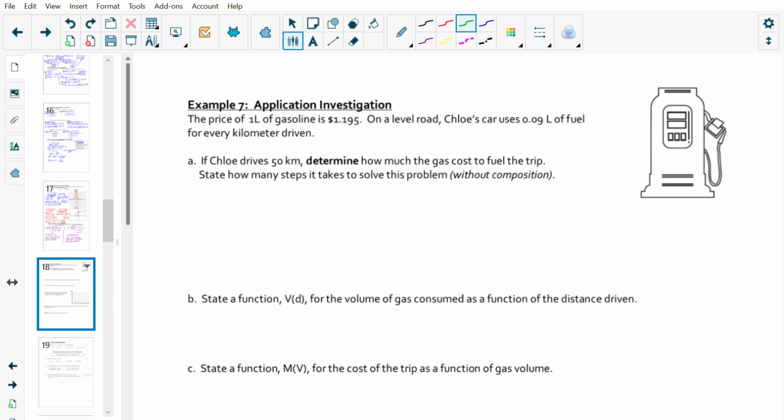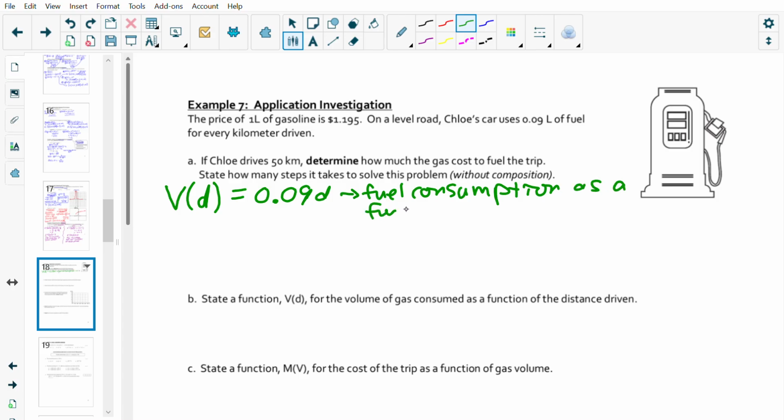So we know that Chloe's car uses 0.09 liters of fuel for every kilometer driven. So volume as a function of distance driven is stated as V of d equals 0.09 d. So this is fuel consumption as a function of distance driven.